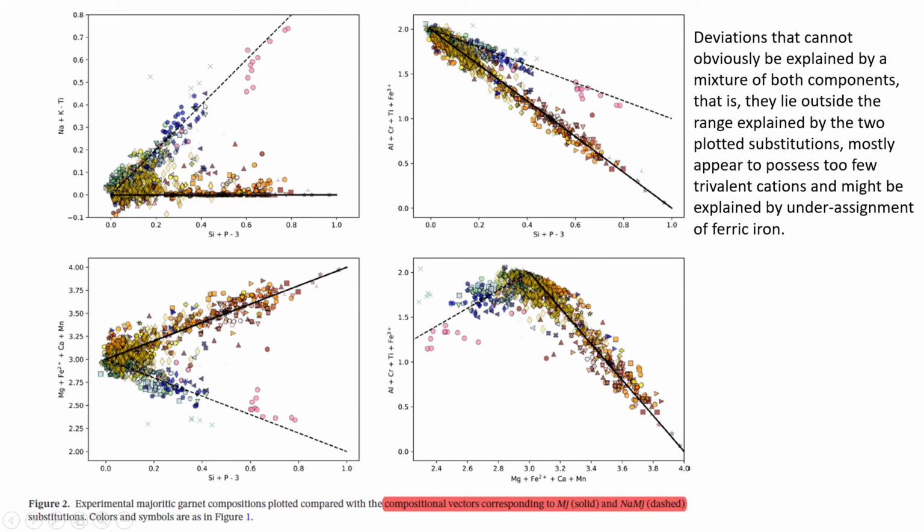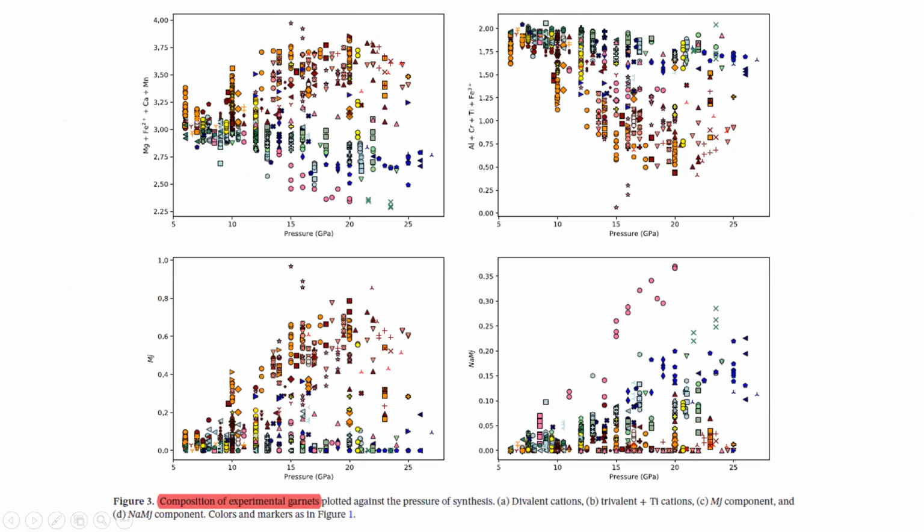But the points falling outside of these vectors can be explained by an incorrect calculation of the ferric iron, because the ferric iron has been calculated based on the structural formula. If there has been under-assignment of the ferric iron, then these points can be placed outside these vectors.